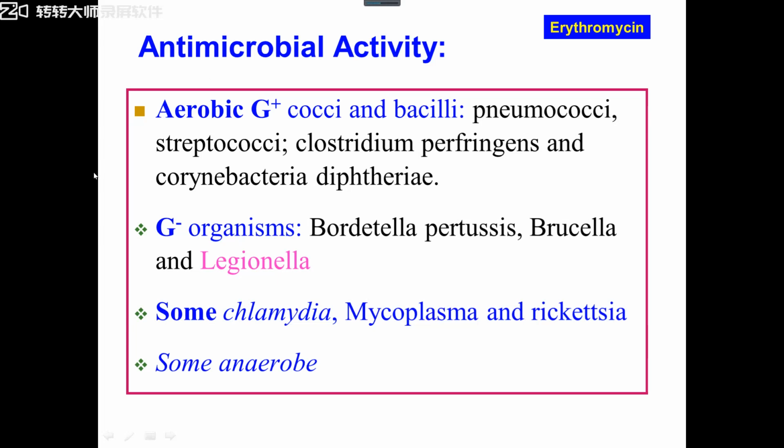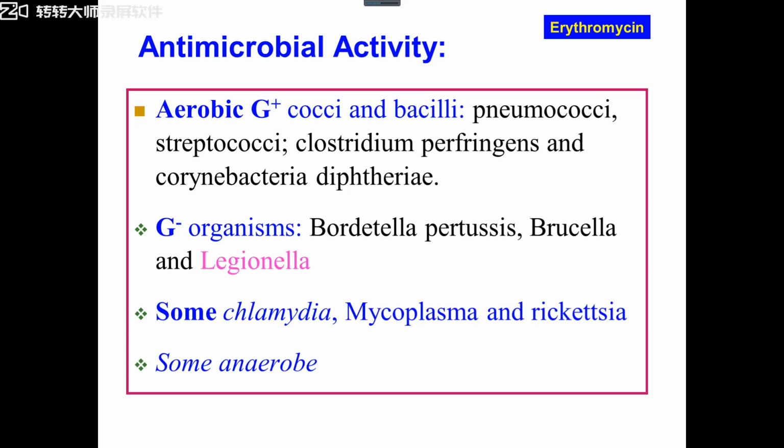Before we study the pharmacological effects, we can use two words to explain them. The first word is narrow spectrum. You have studied the meaning of narrow spectrum: it means they only arrest a limited group.